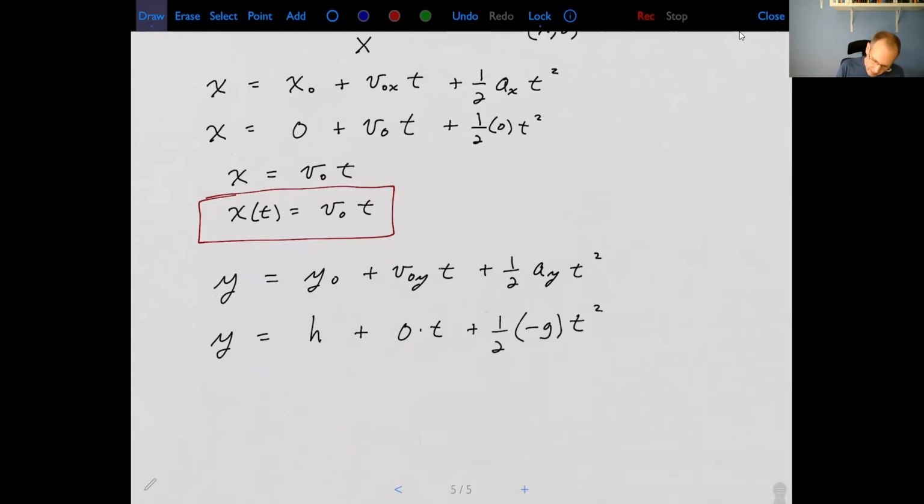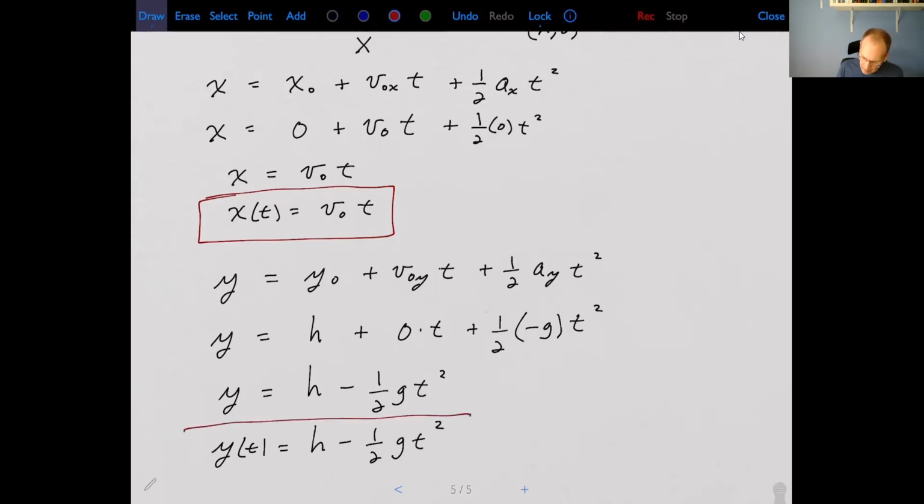So this formula simplifies to Y is equal to H minus 1/2 G T squared. And again, you can think of this as a function of time. So this is the Y position for any time T.